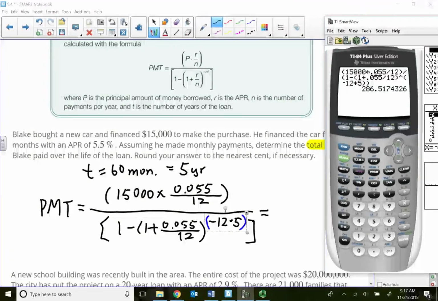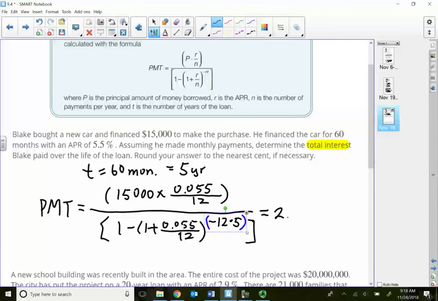So his monthly payment is $286.52. So this is the monthly payment.